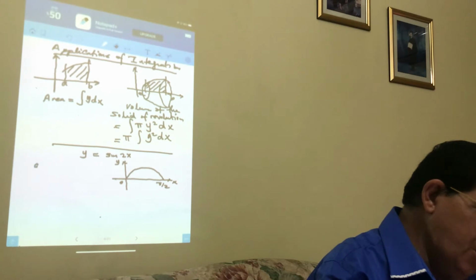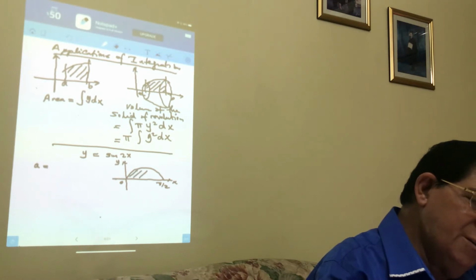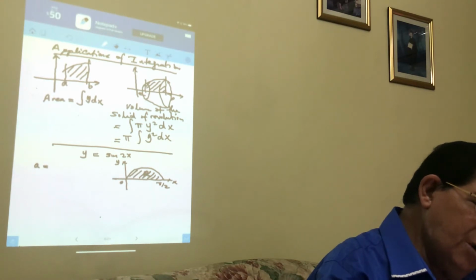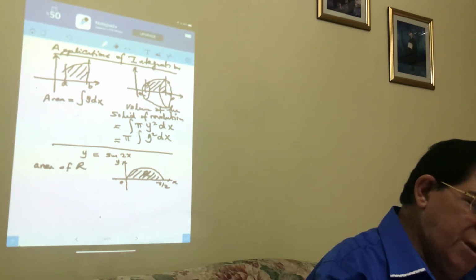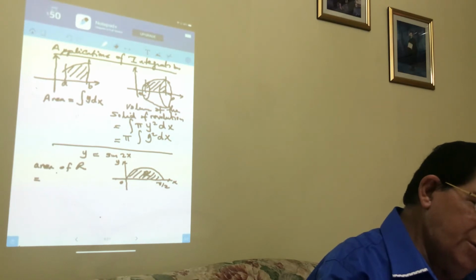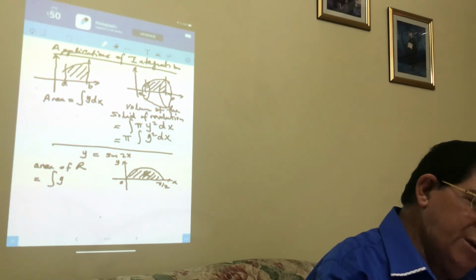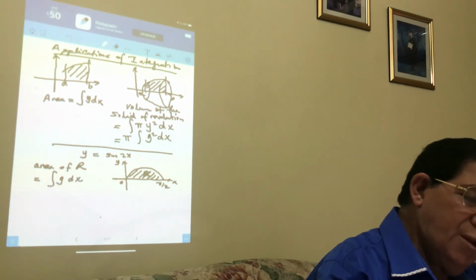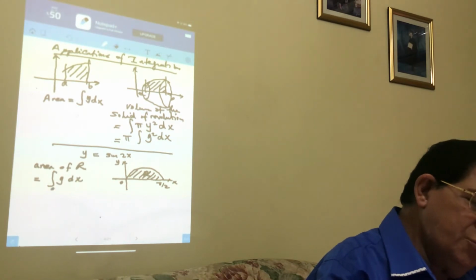First, we want to get the area. This region we call R. What is the area of R? We say this equals the integration of y dx with limits from 0 to pi over 2.